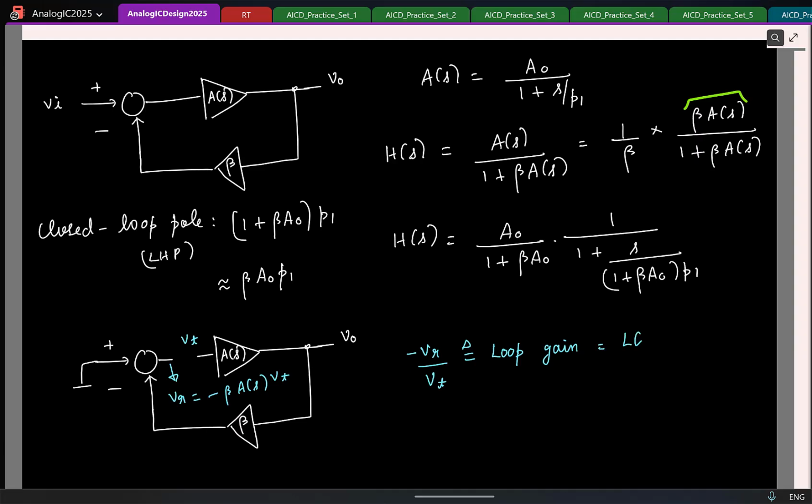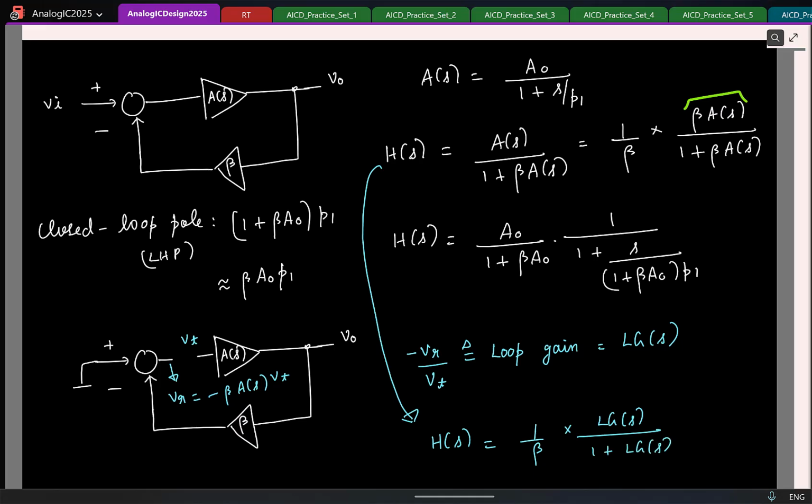So we denote it as Lg. So my closed loop gain I can rewrite like this. H of s is 1 by beta times the loop gain by 1 plus loop gain.